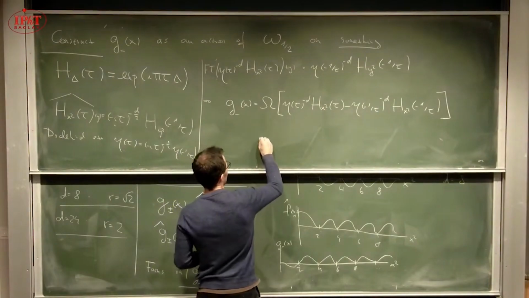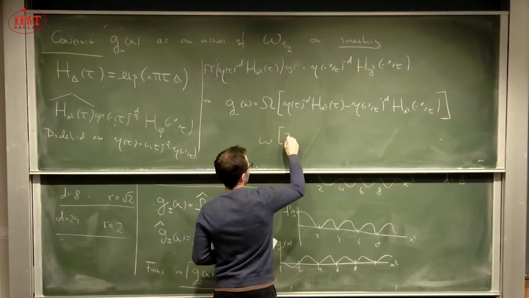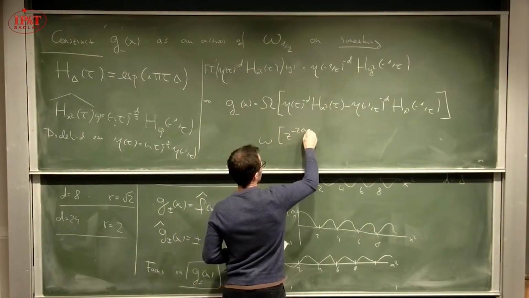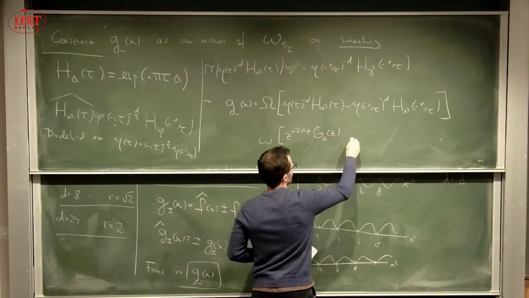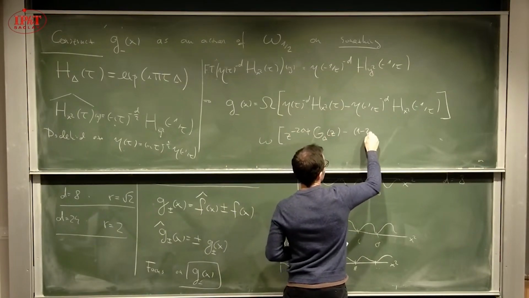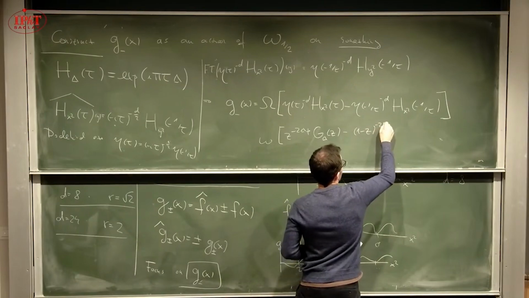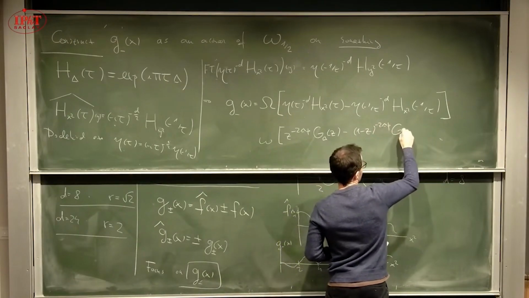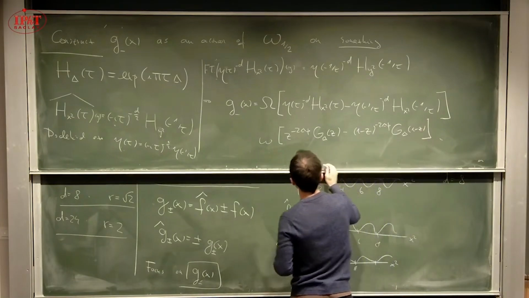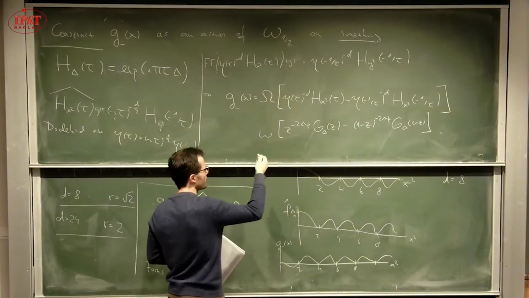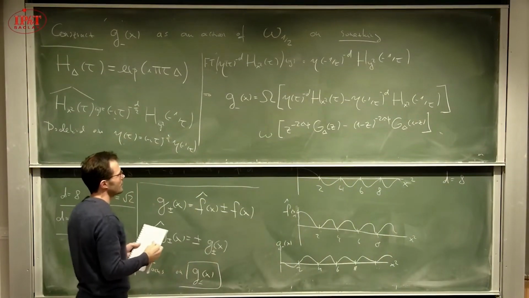Remember that little omega was acting on z to the minus delta 2 delta phi of this block dz. So it's structurally very similar, but there are some differences.